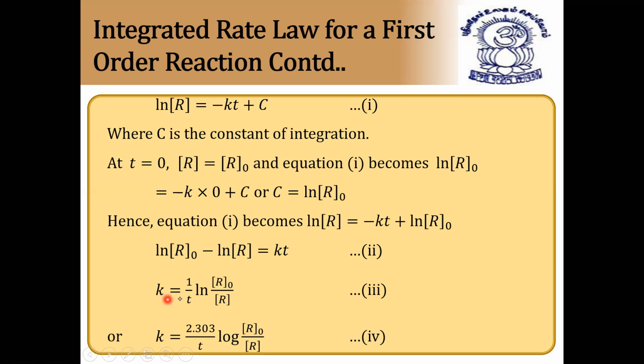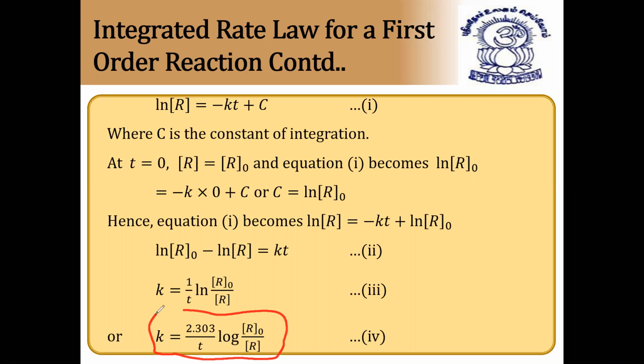So k is equal to 1 by t ln R naught by R, which can also be written, converting natural logarithm using the multiplication 2.303, as k is equal to 2.303 by t into log base 10 of R naught by R. This is the application formula for first order kinetics.